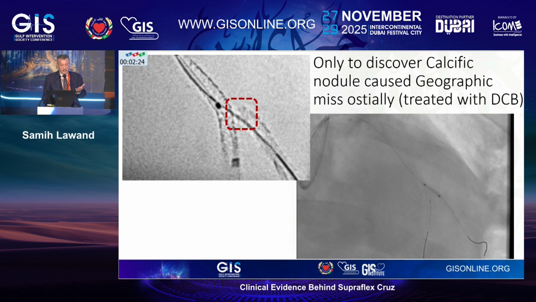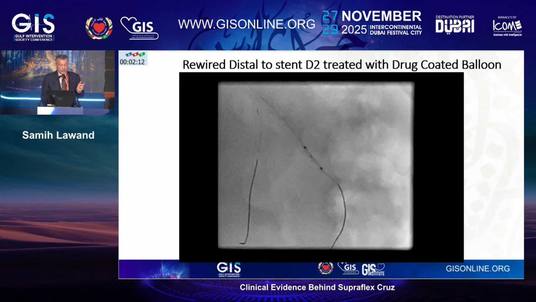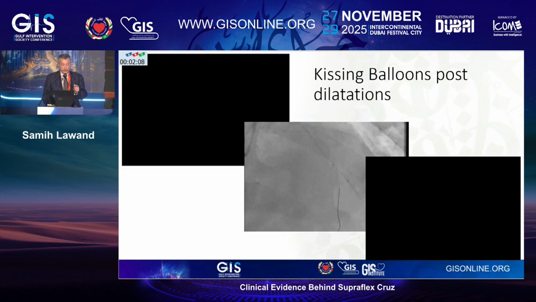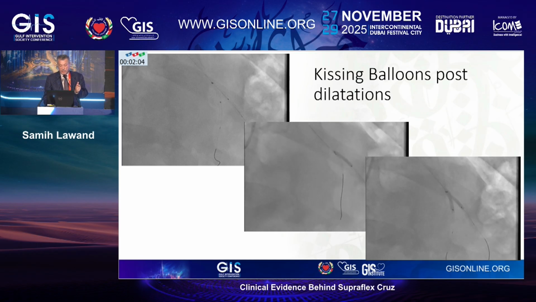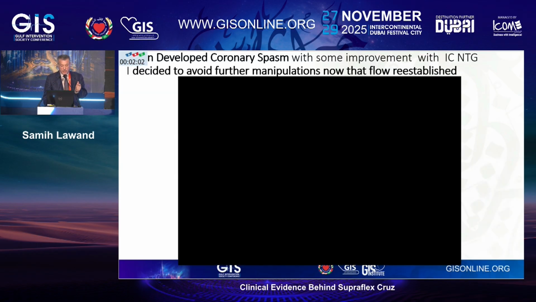You can see that this is where I think the problem had happened. The stent displaced itself by about 1 to 2 millimeters away from the ostium. It was managed with the drug-coated balloon, and I also went to the distal edge of the stent and treated it with a drug-coated balloon. Eventually I finalized the case with kissing of both.